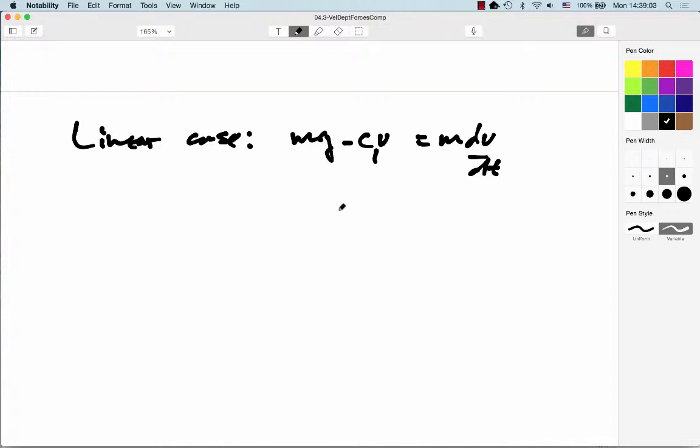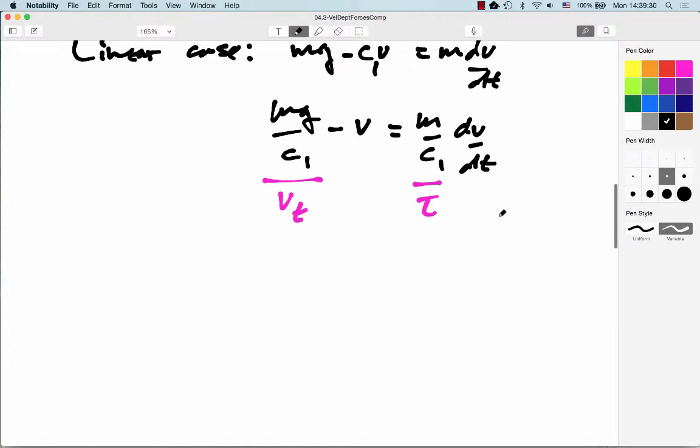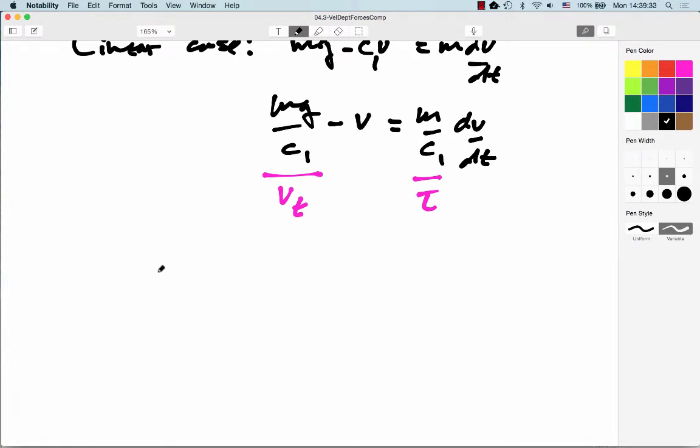So we can rewrite this to get the v all by itself: mg over c1 minus v equals m over c1 dv dt. Now we remember from before that this much here was our v terminal, and that much there was our time constant. So we can rewrite that some more as v terminal minus v equals tau dv dt.